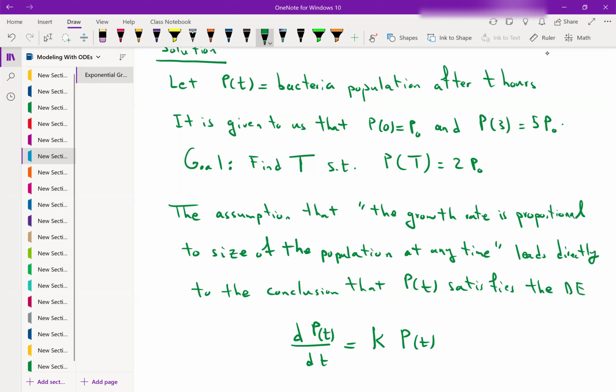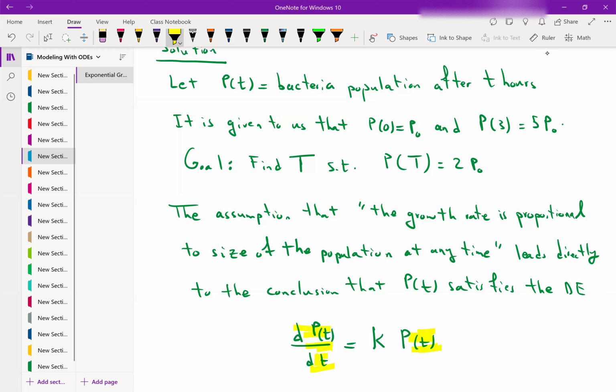This is our differential equation, the differential equation that must be satisfied by P, because we know that the rate of change is proportional to the current value. Rate of change, current value, and that is the assumption based on observation.